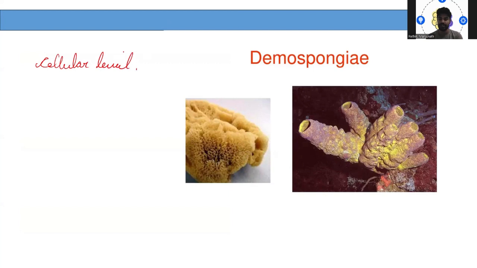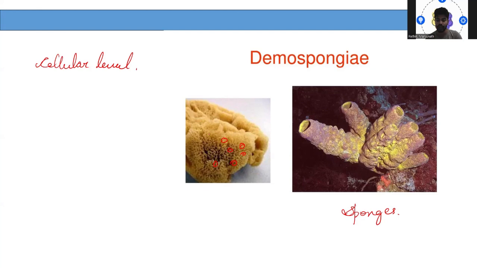If I give an example of the cellular level of organization, take sponges. What you will see in sponges is that the cells are arranged very loosely, and each individual cell performs its own function.